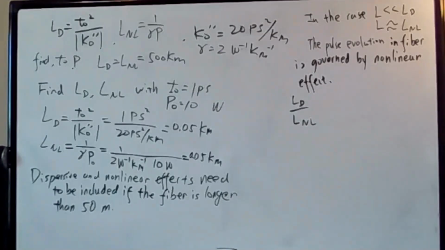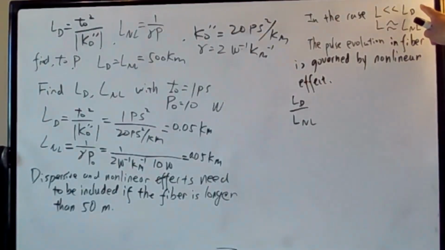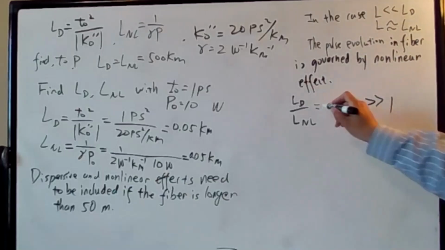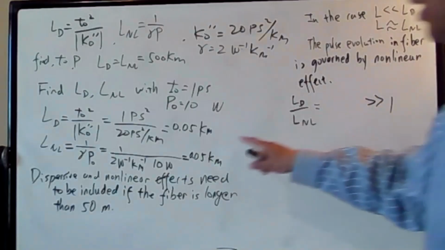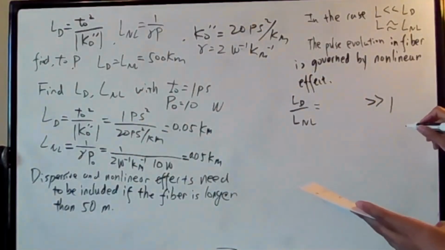So LD over the nonlinear length should be way larger than 1. So what is LD? LD is T naught squared over the absolute value of K naught double prime.